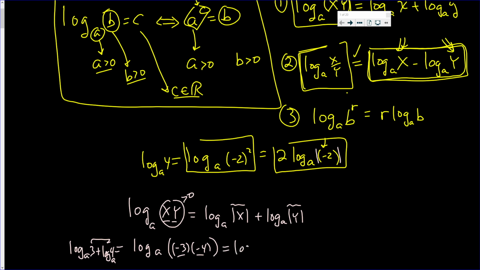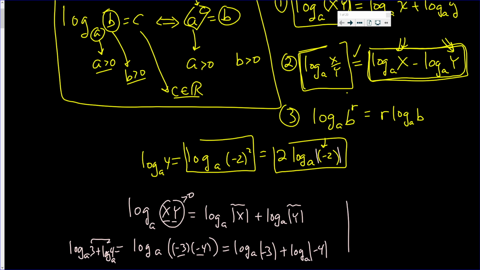That is, I can write this as log of the absolute value of -3 plus the log of the absolute value of -4, just in case they're negative, and in this case they are, but this is fine.